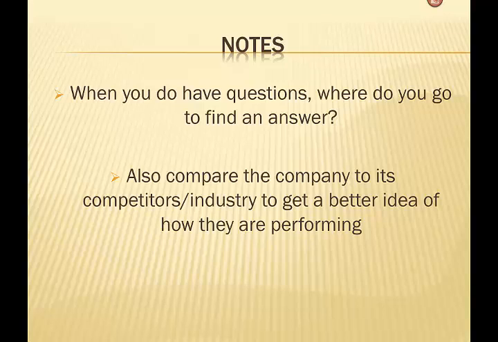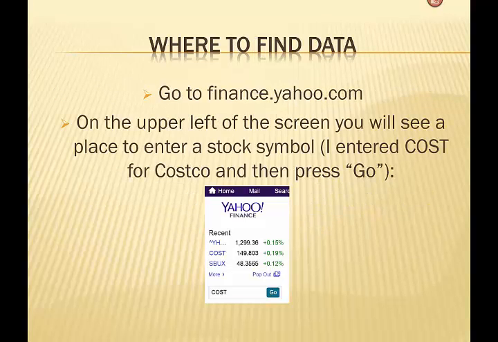It's very, very hard to do that. But as you start to look at certain industries and certain companies, you'll start to see patterns in how they operate, and that is what a savvy investor or a savvy employee will be able to see. And also, you need to compare a particular company to its competitors in the industry, because that's probably the best way to find out if they're actually really doing well or not.